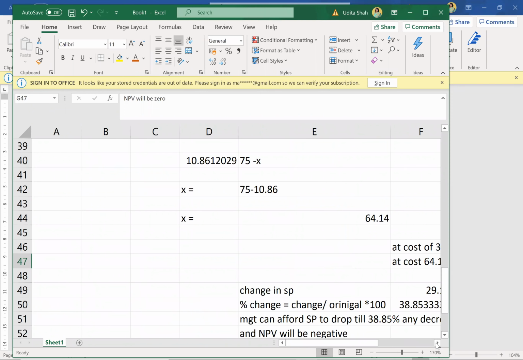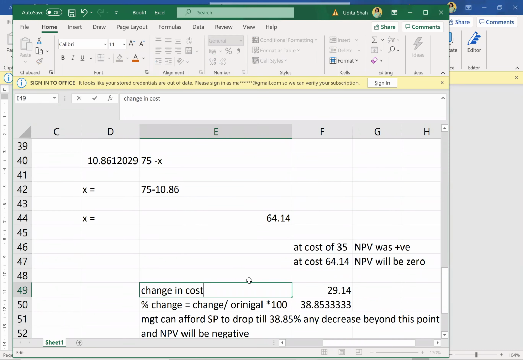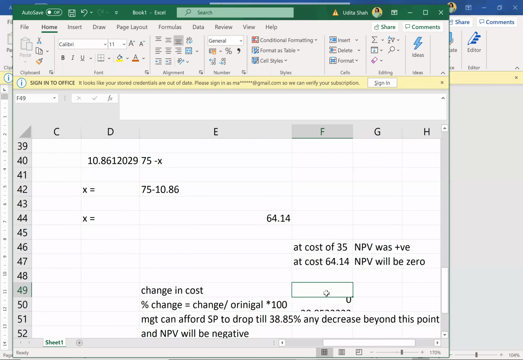Correct. So what is the change in cost? The change in cost will be 64.14 minus 35, so the change in cost is 29.14.